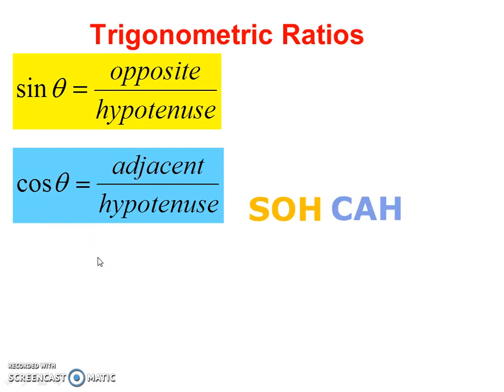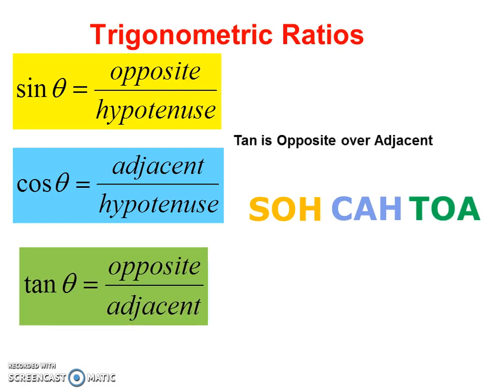The last one is our tan, and that is the opposite side over the adjacent side, written in fraction form like that, and then T for tan, O for opposite, and A for adjacent.